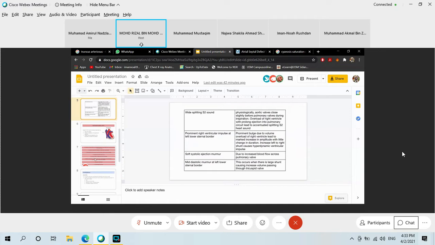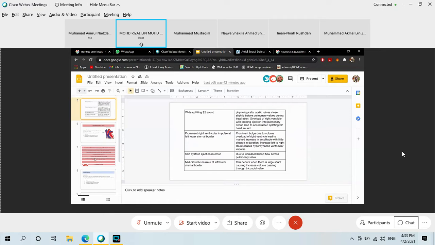So both during inspiration and expiration there is increased venous return to the right side, increased delay closure of the pulmonary valve. That's why they fixed splitting. So the term is widely fixed splitting of the second heart sound. Kalau split saja, normal people pun boleh dapat splitting second heart sound.